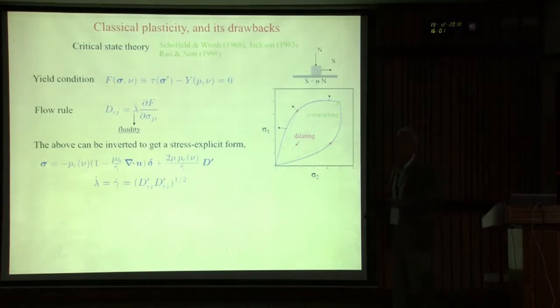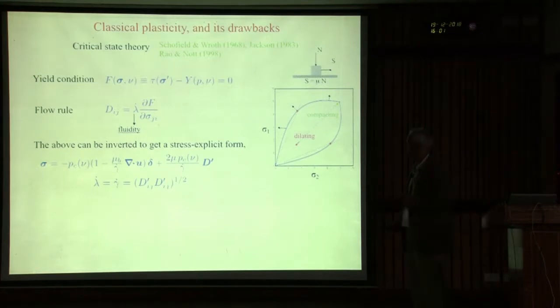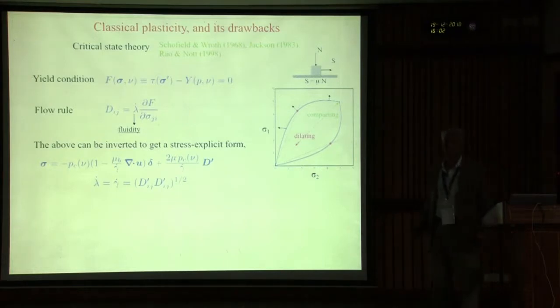Now the nice thing is, if you use a simple enough yield condition, you can invert these two and get a stress explicit constitutive relation that looks similar to the Newtonian constitutive relation, except that the viscosity varies as the inverse of the scalar invariant of the deformation rate. So this satisfies rate independence, which you often observe in granular flows. If you double the stress, the strain rate does not double. It remains almost the same.